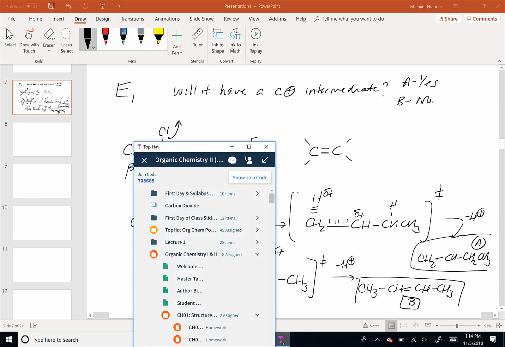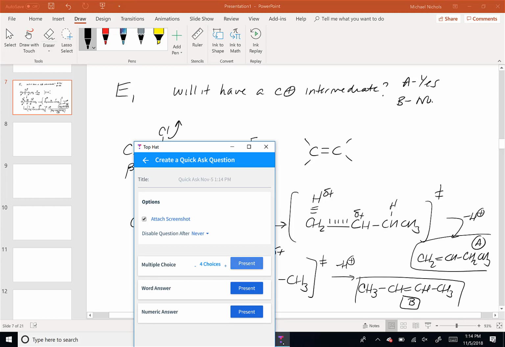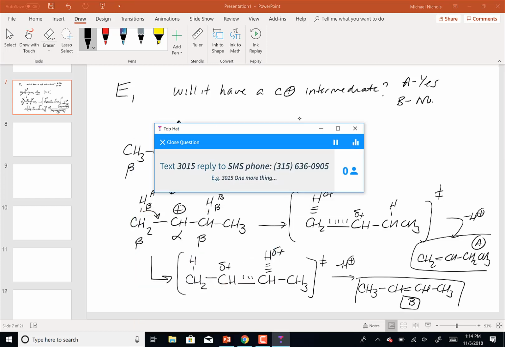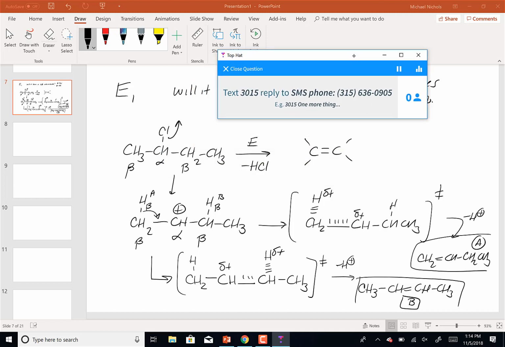So I will ask you, your choice is A or B. Which one is the major product? And I suppose if you don't know, you can guess. We'll see how good your guessing skills are.